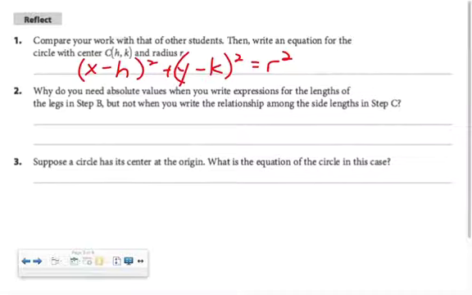So why did we need absolute values when we expressed the lengths of the legs, but not when we wrote the relationship in step C?